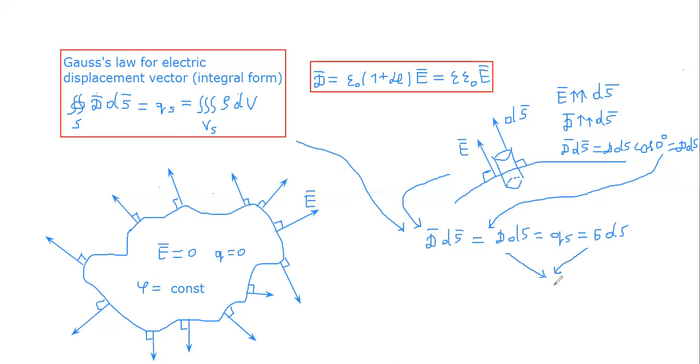So near the surface of the conductor, the electric displacement vector is equal to the surface charge density.